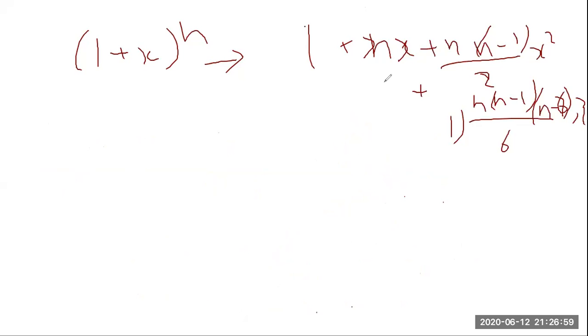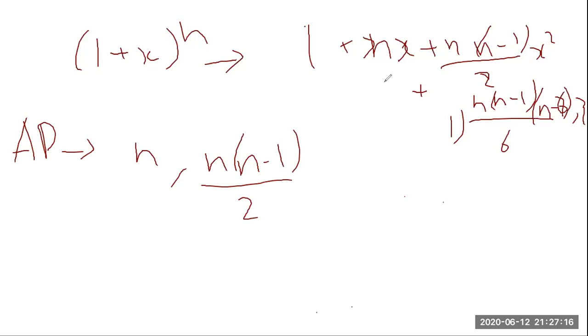So it's given in the question that the second, third, and fourth coefficients follow an AP. So we are given that n, n(n minus 1) by 2, and n(n minus 1)(n minus 2) by 6 follow an AP.